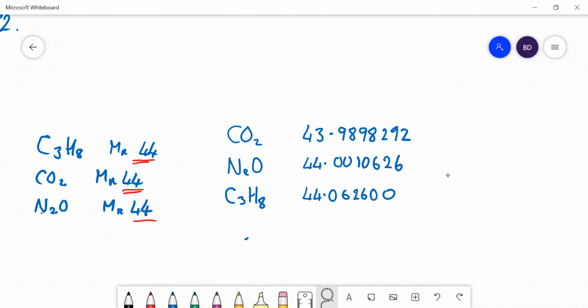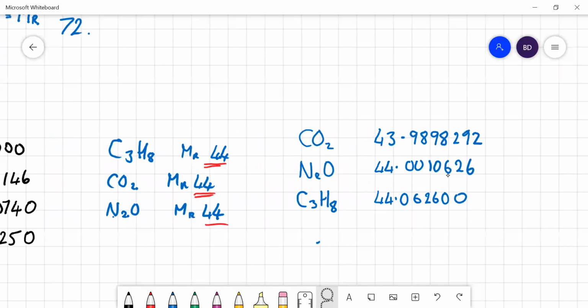They're all slightly different. Carbon dioxide is a little bit lighter than N2O, which itself is a bit lighter than C3H8. So if you looked at the Mr very accurately, you would be able to tell which molecule you had.